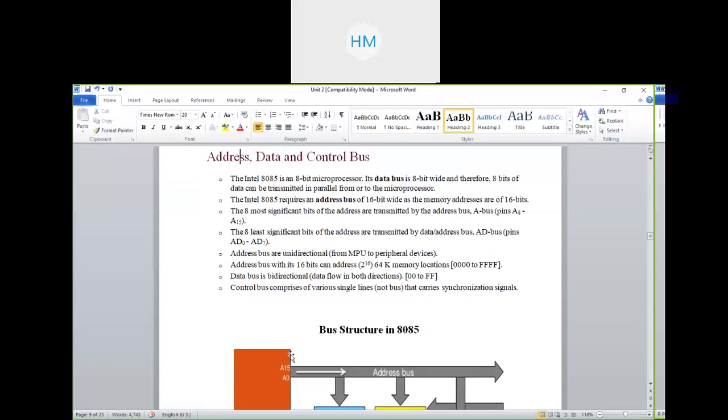So the concept of address, data and control bus is very important. So should we continue, students? Please reply so that I will come to know. Should I carry on?